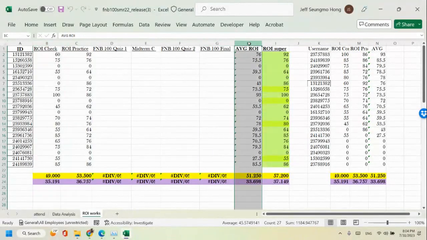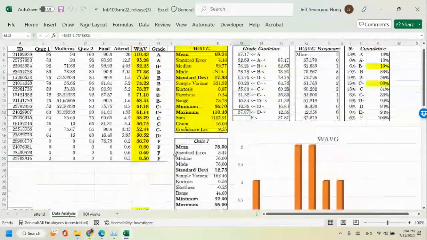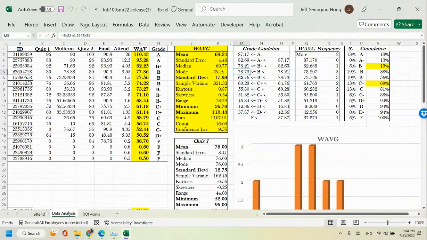Actually, I use the average of these two tests, and then I use it to bump up. For example, if you are marginally B minus, that means you just didn't make this. Let's say to be in B, you have to be this.